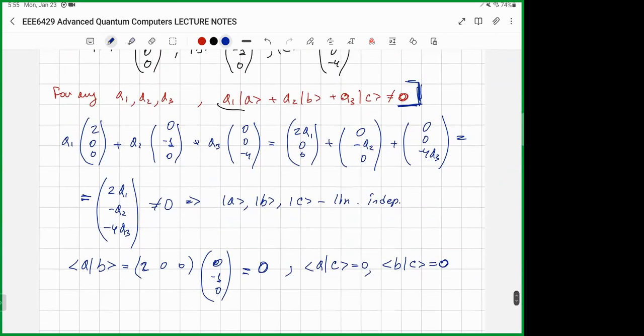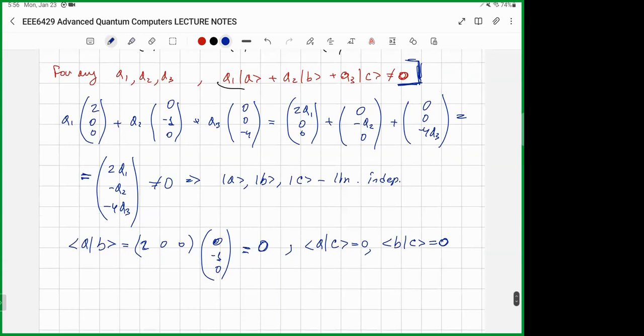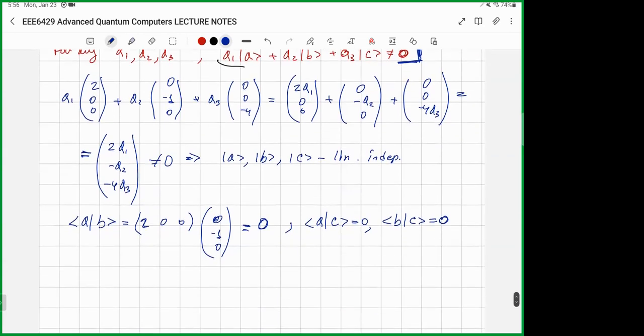And so they are linearly independent, they are orthogonal, and if you normalize them by their lengths, for example, if you divide this first vector by 2, the second one by minus 1, and the third by minus 4, you will get the basis, right?